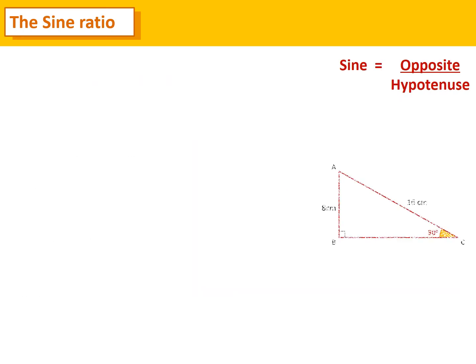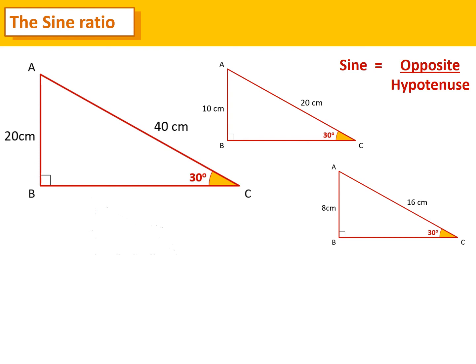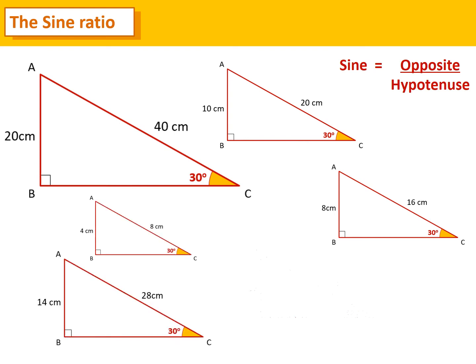So, if a right-angled triangle has an angle of 30 degrees, the ratio of the opposite side to the hypotenuse is 0.5. There's another one, 10 to 20, 20 to 40, 4 to 8, 14 to 28, 6 to 12.